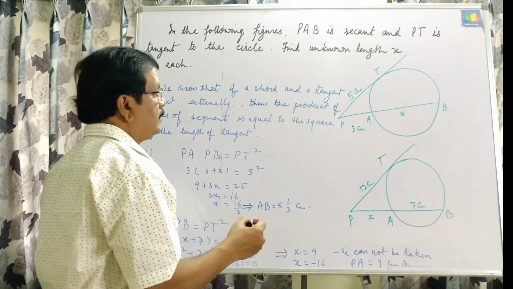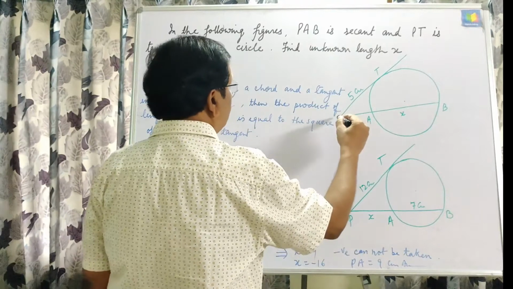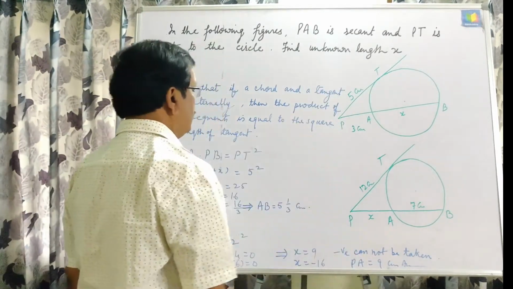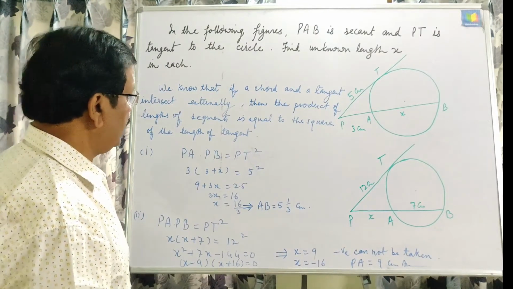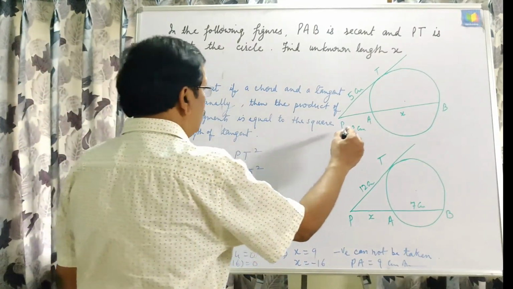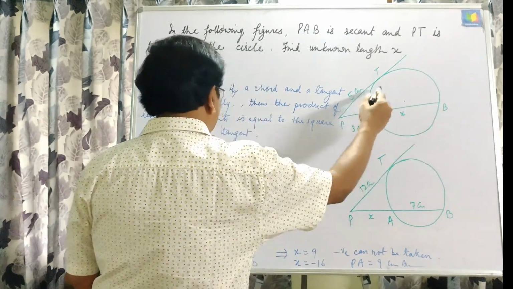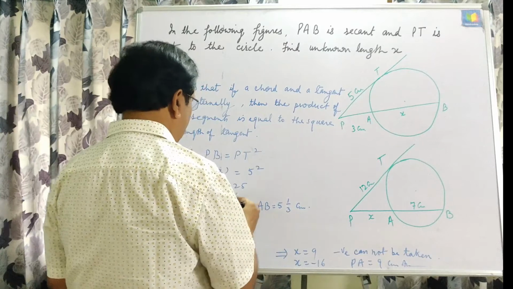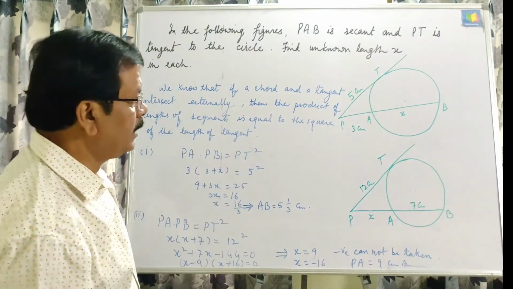Then the segments will be PA and PB, and the length of the tangent is PT, and PA into PB is equal to PT square. Then 3 centimeter into 3 plus x, this is given, is equal to 5 square, and then x is equal to 5 whole 1 upon 3 centimeter.